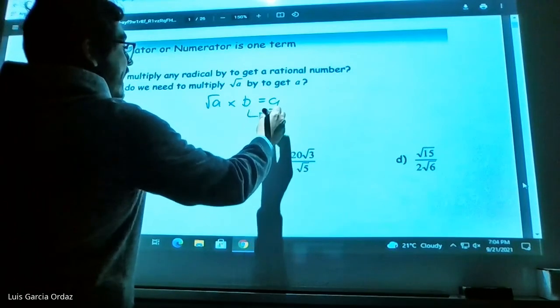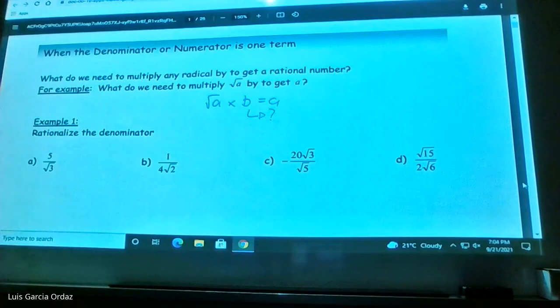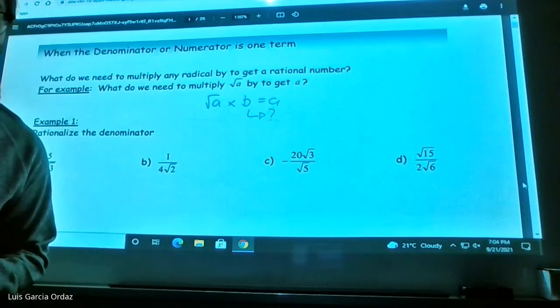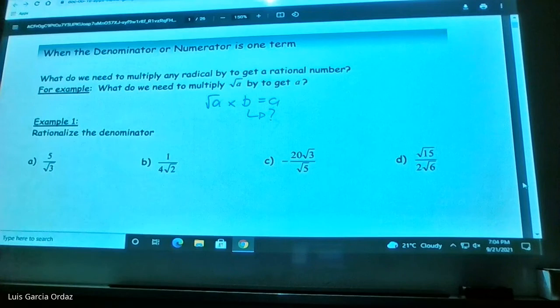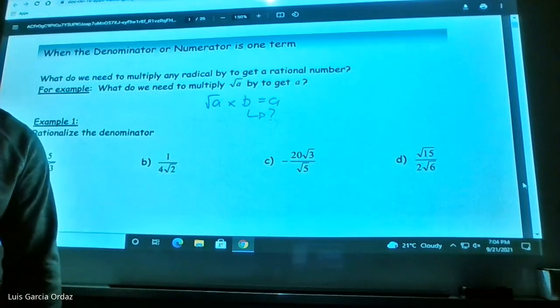So now we have to ask ourselves, what is my value of b going to be, so that root a times another variable gives me a? What would my unknown variable b have to be?